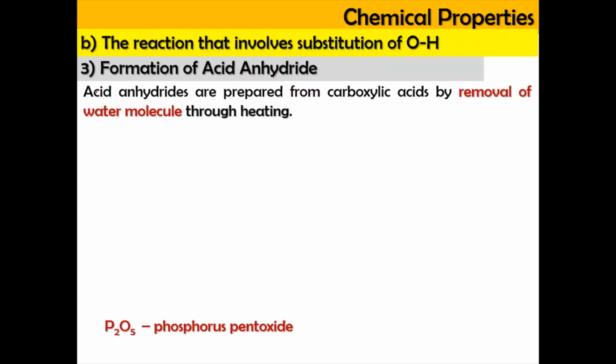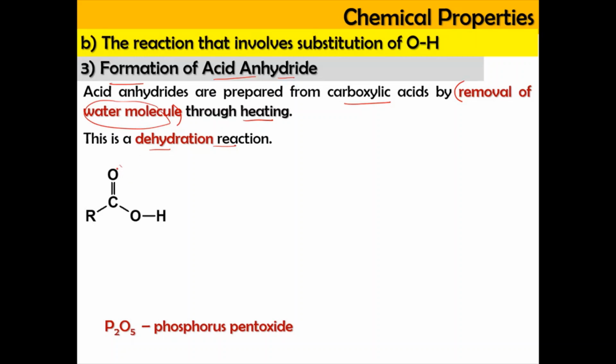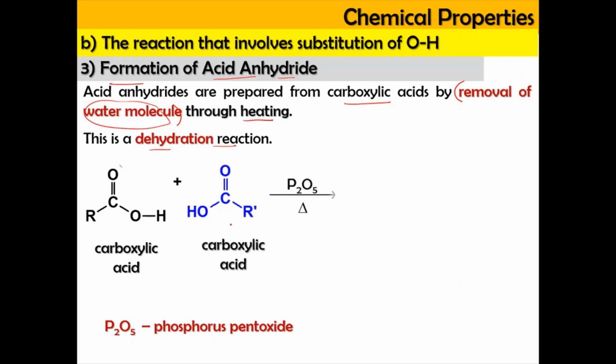Now we move on to the next reaction, which is the formation of the acid anhydride. So acid anhydrides are prepared from the carboxylic acid by removal of the water molecule through heating. This is known as the dehydration reaction because you are removing a water molecule. Let's say you have a carboxylic acid here and you react that with another carboxylic acid. So you're going to remove OH and hydrogen here.